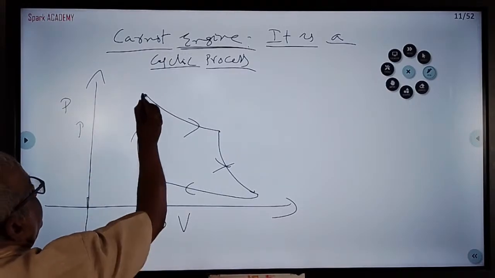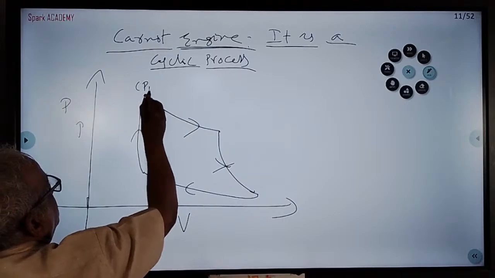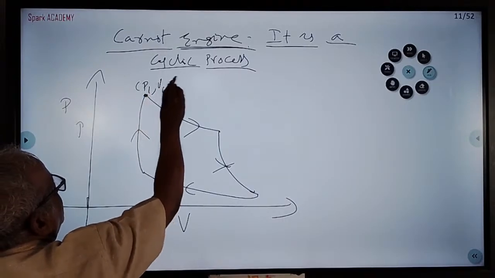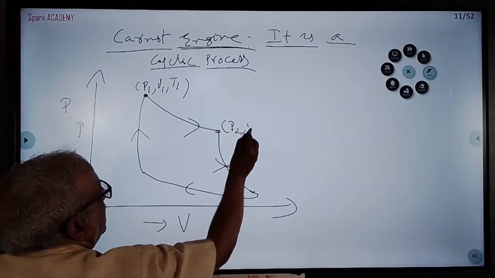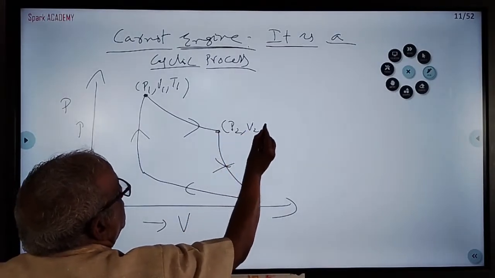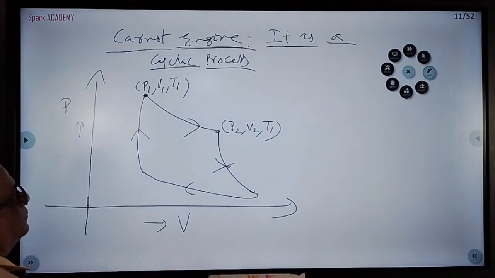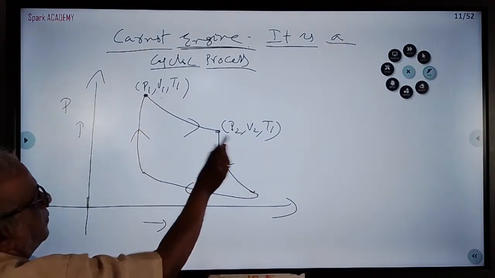I am starting from initial P1, V1, T1. In the isothermal process, pressure will change to P2, V2, T1. Temperature will remain the same.